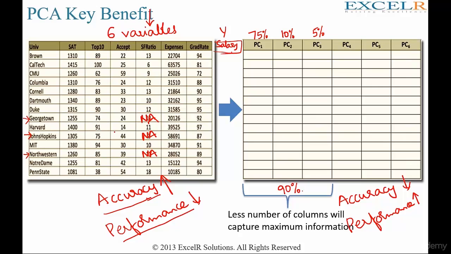Instead, if you do a principal component analysis, you would get a corresponding principal component value using all these values. The only thing is this NA value would be ignored, that's it. But still you have the SAT score, you have top 10, you have acceptance ratio, expenses, and graduation rate. We use all of these and mathematically calculate another value here, which will not have your missing value. There won't be any NA here. Right? That's another application of your PCA.